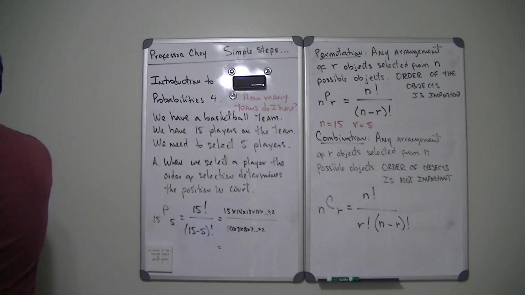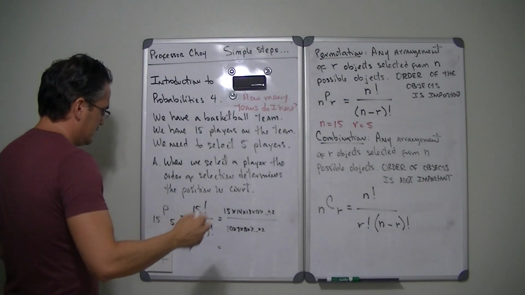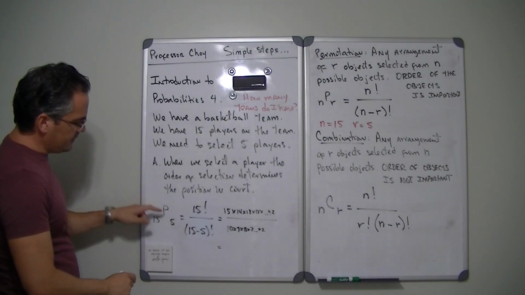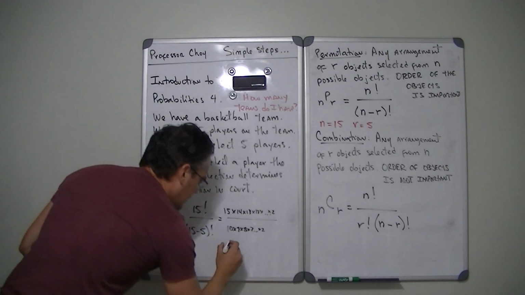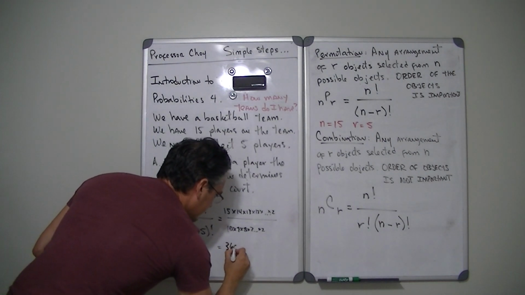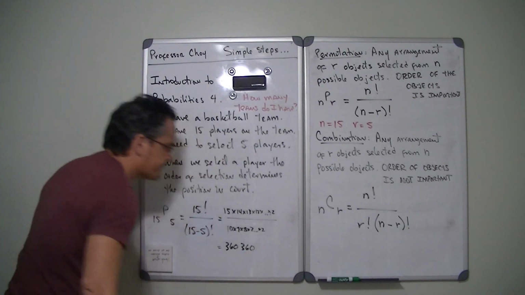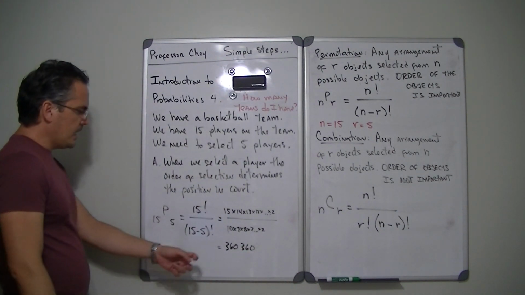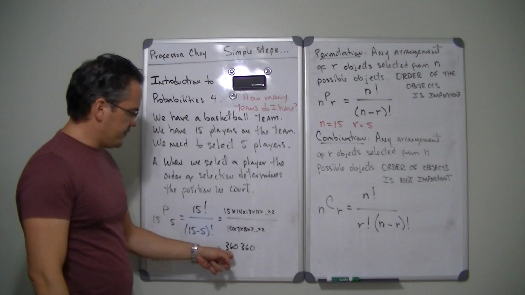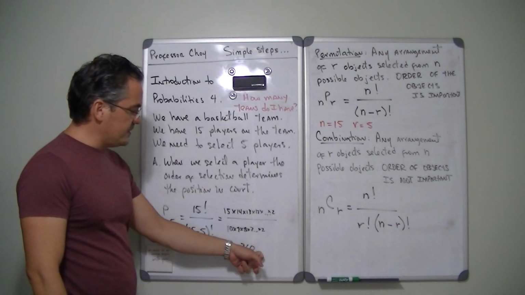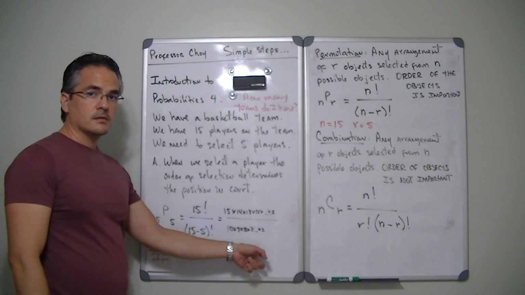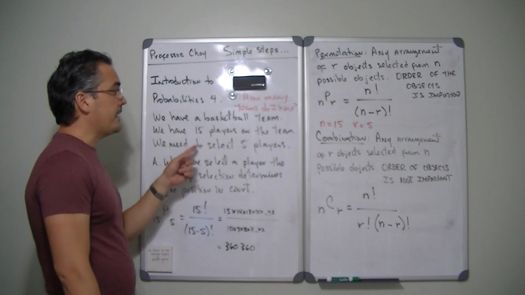So 15P5 is 360. So we have 360 different ways in which we could do that.